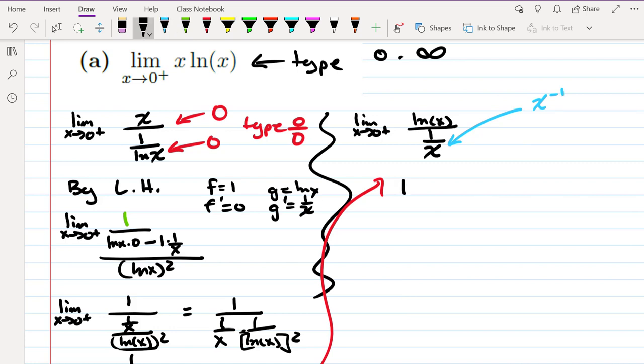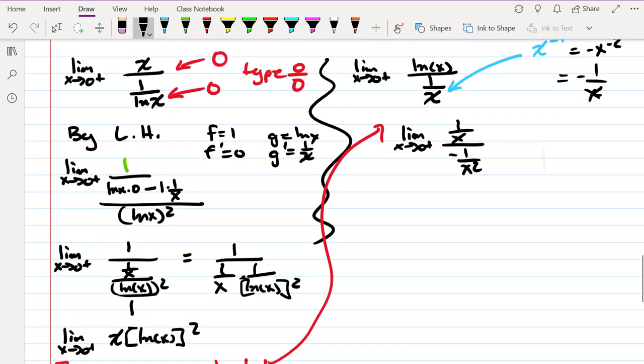So we have the limit as x approaches 0 from the right, the derivative of ln x is 1 over x, and the derivative of x to the negative 1 is negative x to the negative 2. So we get negative x to the negative 2, which is negative 1 over x squared.